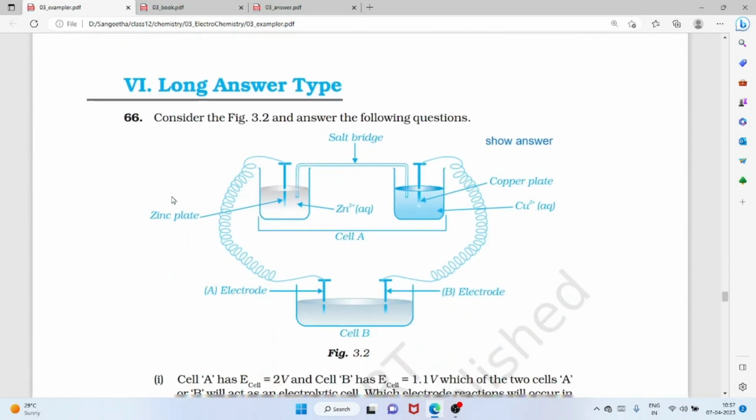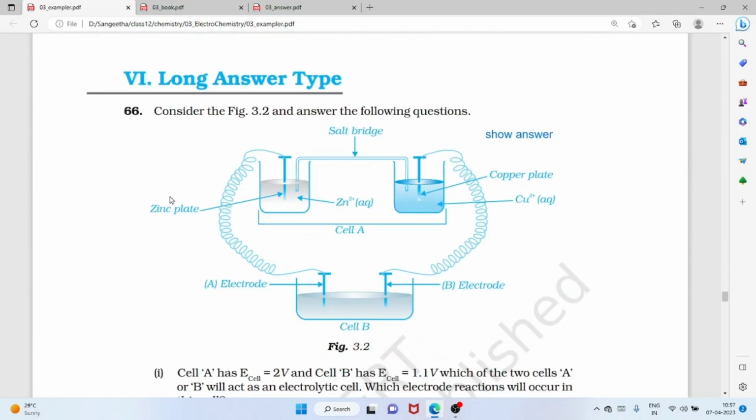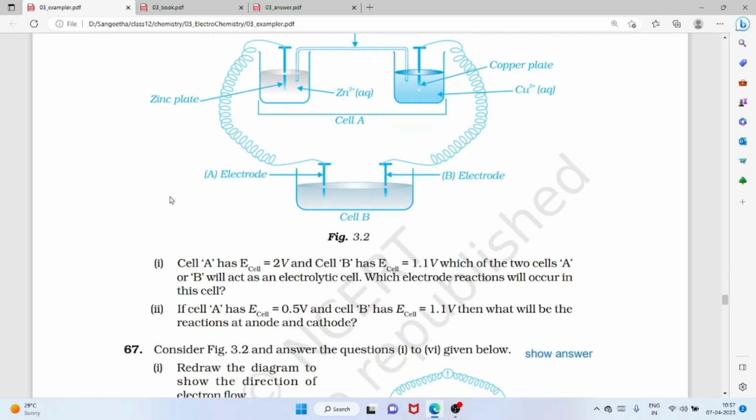Long answer type. Consider this. Cell A is 2 volt and cell B. Which of these two cells, A or B, will act as an electrolytic cell?